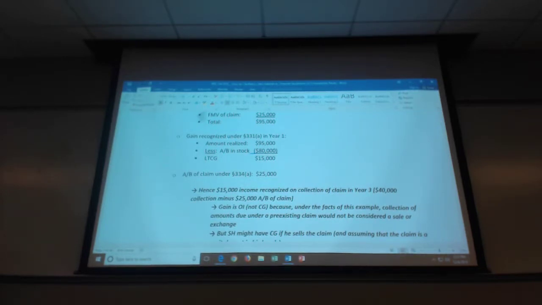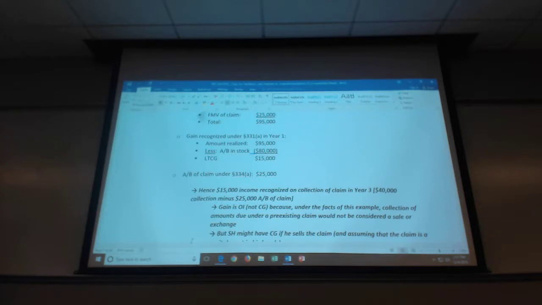And then we talked about what's on the screen, the end of example 4, involving what happens when a property right is distributed by the corporation to the shareholders, where there may be some uncertainty as to how to value the asset that's being distributed, and we pointed out that there are alternative possible ways of treating that situation.